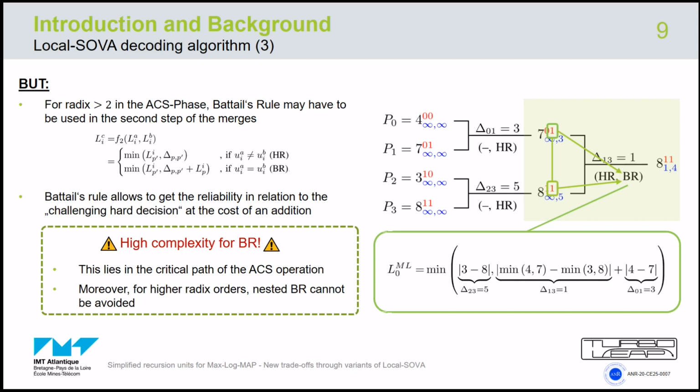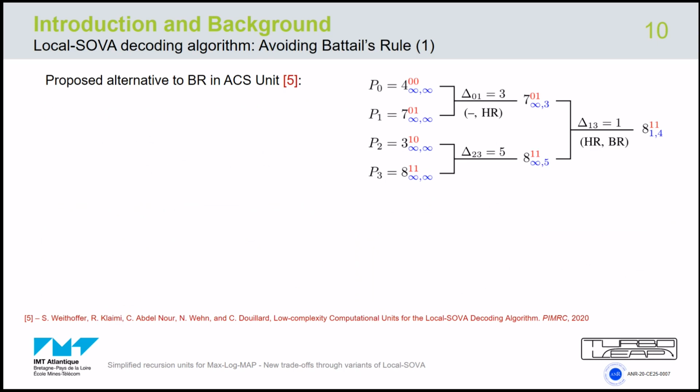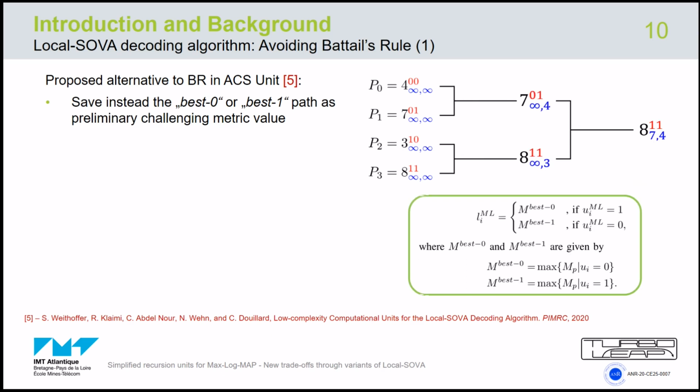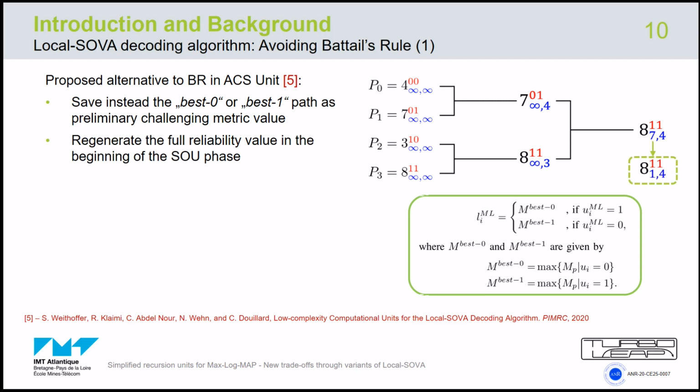To avoid the use of Bataille's rule in the ACS unit without the loss of accuracy of the reliability value, we proposed in related work to save the challenging path metric as opposed to the delta between the paths. This allows to regenerate the full reliability value in the beginning of the SOU phase and has no impact on the error correcting performance.